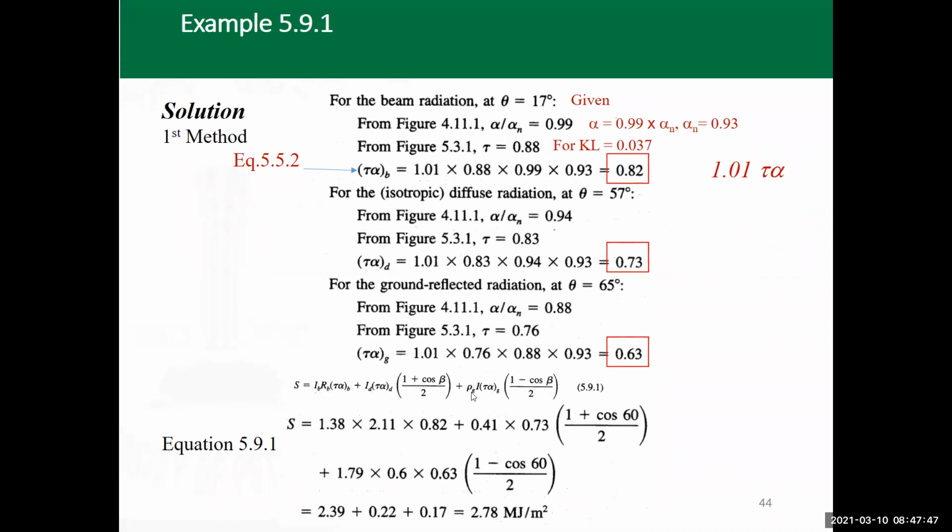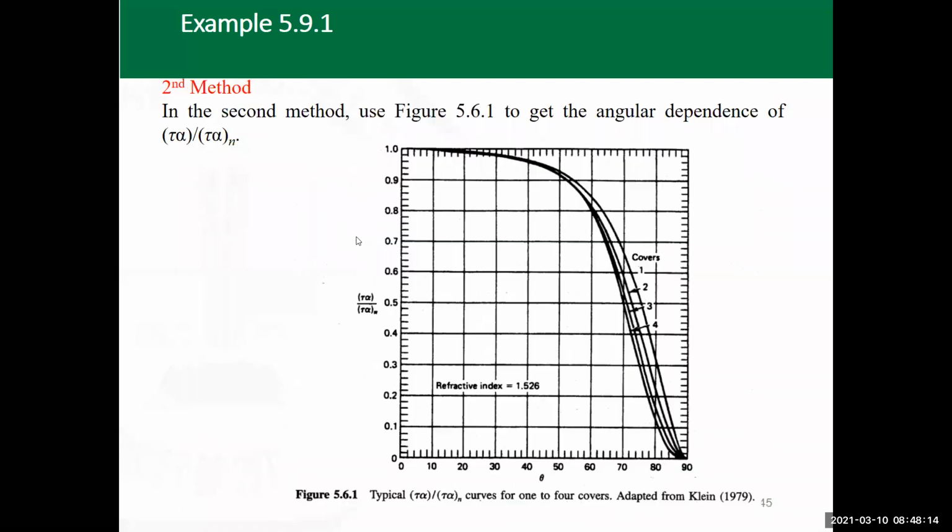I is given, rho is given, and the beta, the angle, is 60 degrees. So we can substitute directly into this equation to calculate the value of S, which is the energy absorbed by this surface at this specific hour and at an angle of inclination of 60 degrees. So this hour, the surface is receiving 2.78 megajoules per meter squared.